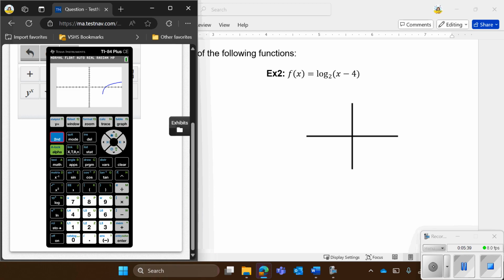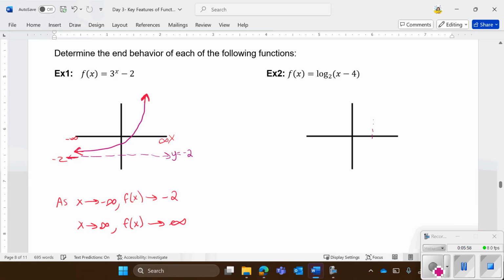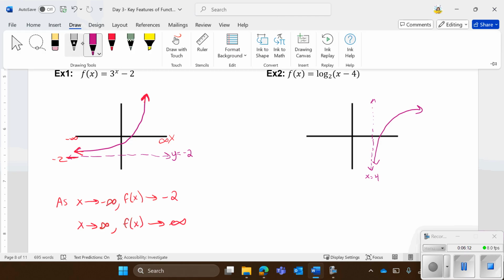However, if you go to the table, you'll be able to identify that it is definitely at 4 because your asymptote is where the first error is right before the number. So our asymptote is at 4, which means you would go 1, 2, 3, let's put 4 here. This is x equals 4, and then the graph of the logarithm looks like that.